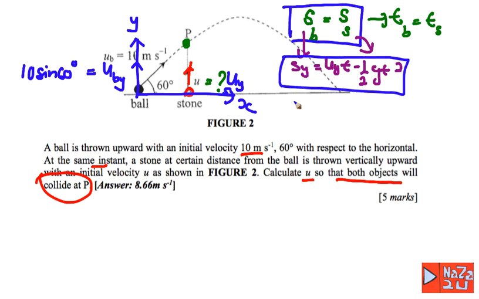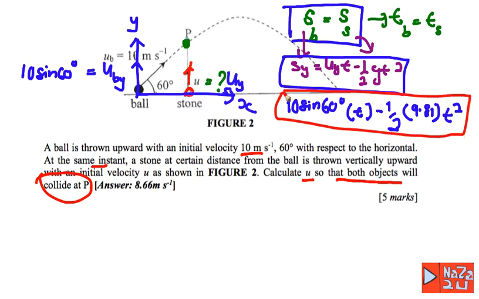For the ball, Uy is 10 sine 60, times t, minus half, g is constant 9.81, times t square. So this is for SB, S of the ball.